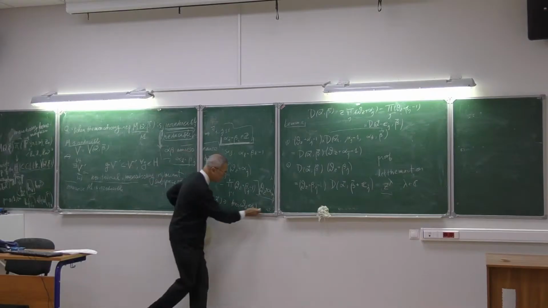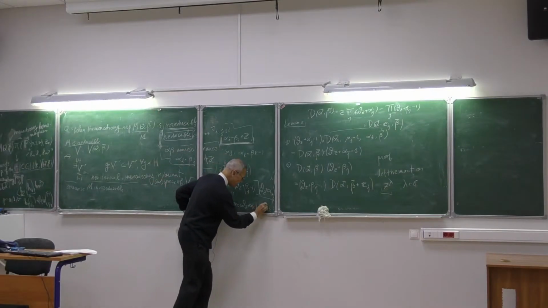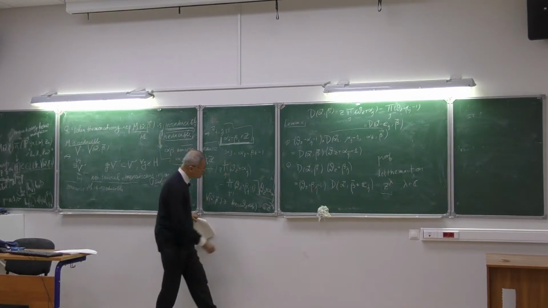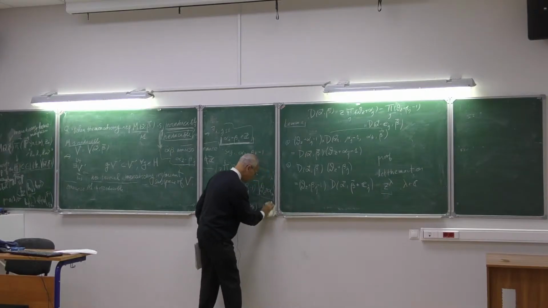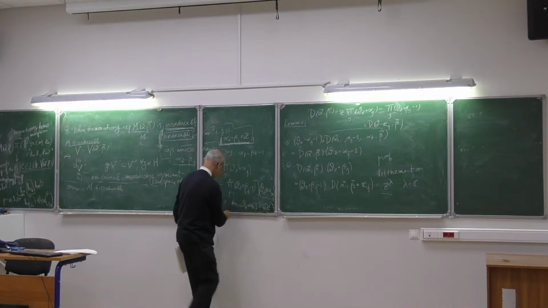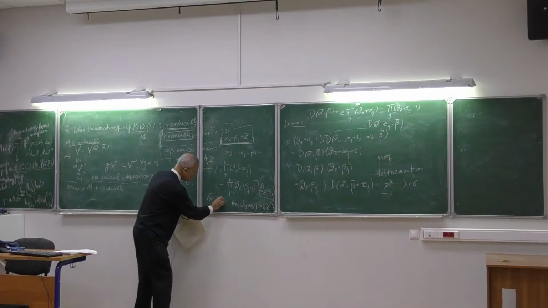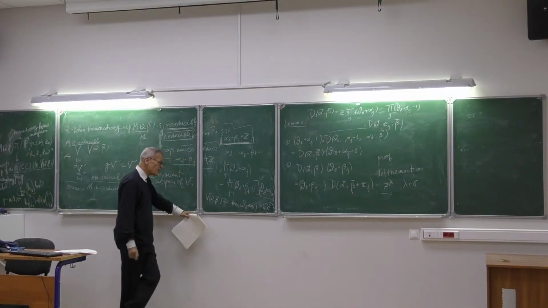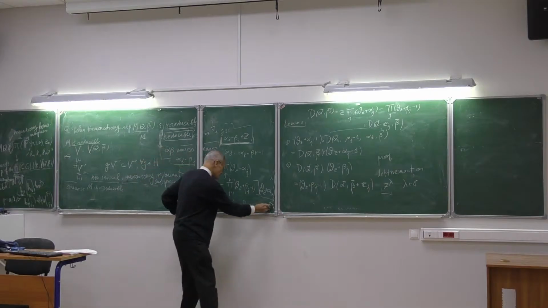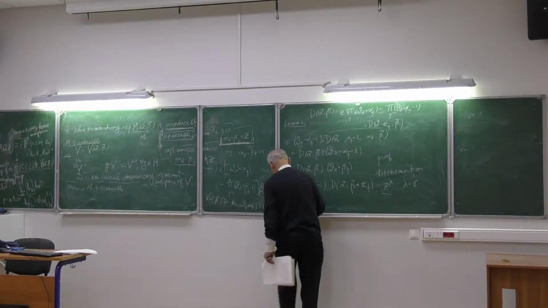That is, say, it is c times z to the power minus alpha k. One-dimensional vector space you have, and this space.